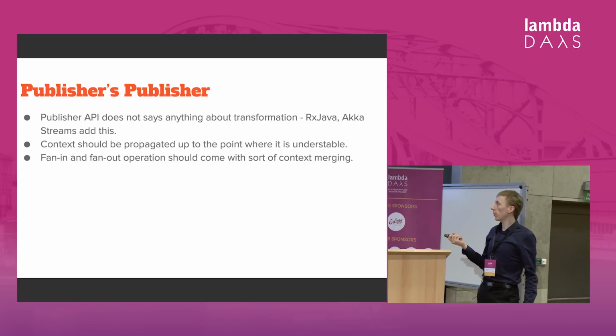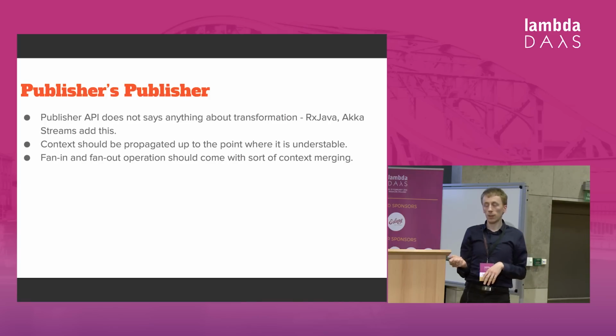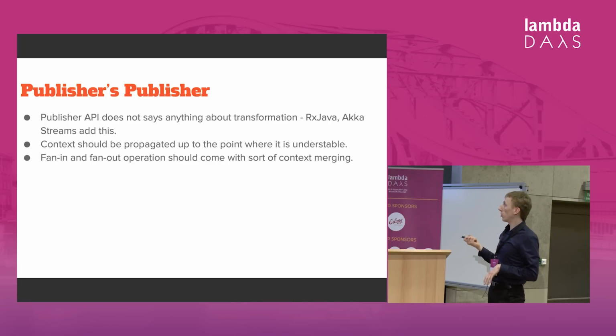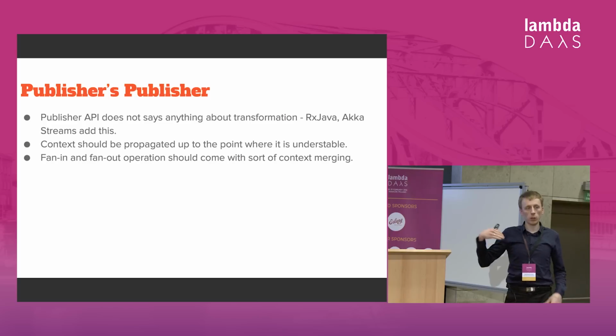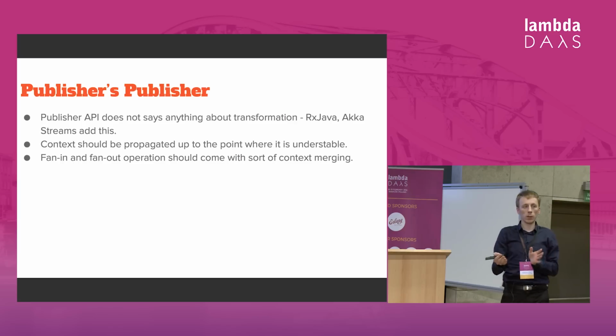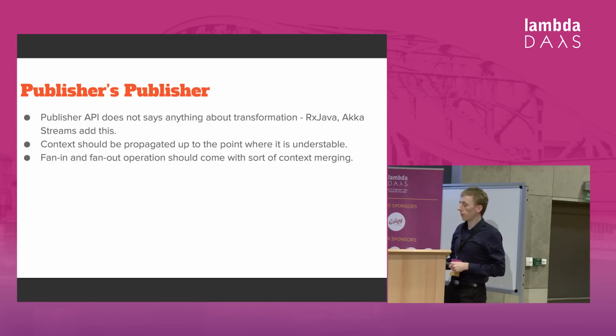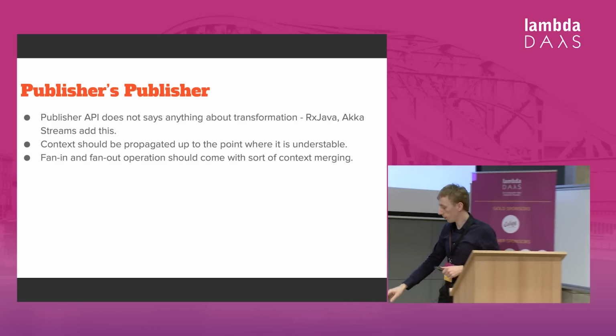But fan-in, fan-out operations that merge or split the streams probably should be enriched with some context merging. But my question is whether we actually will need this, because the publisher is an abstraction of how this backend is producing the data. And to me, from the perspective of the mobile clients, it's like an implementation detail here. But it's probably something I will work on in the future.